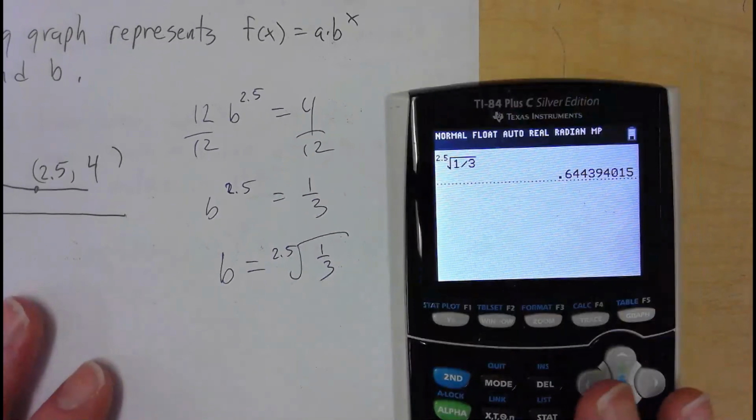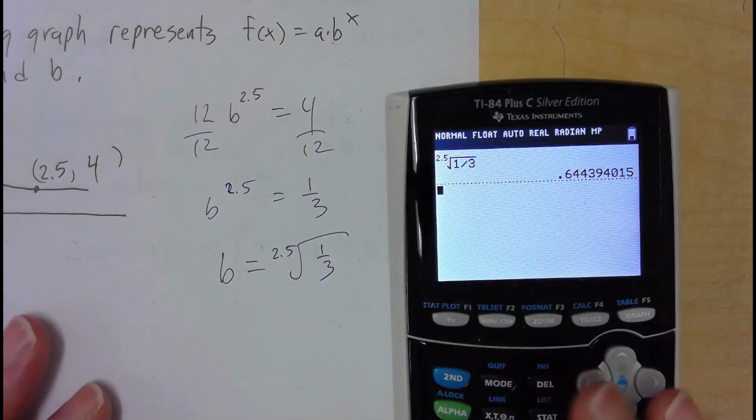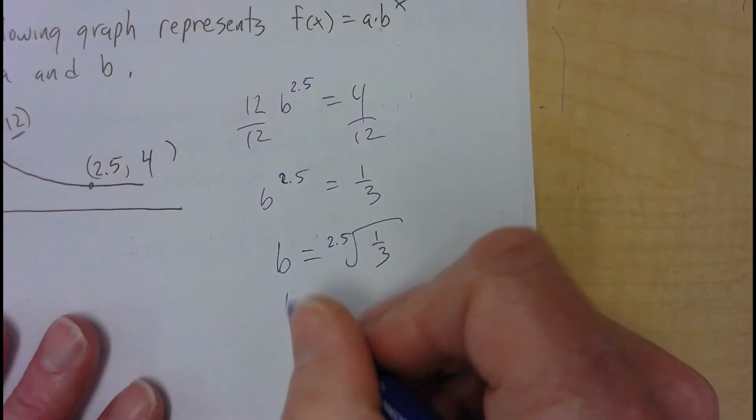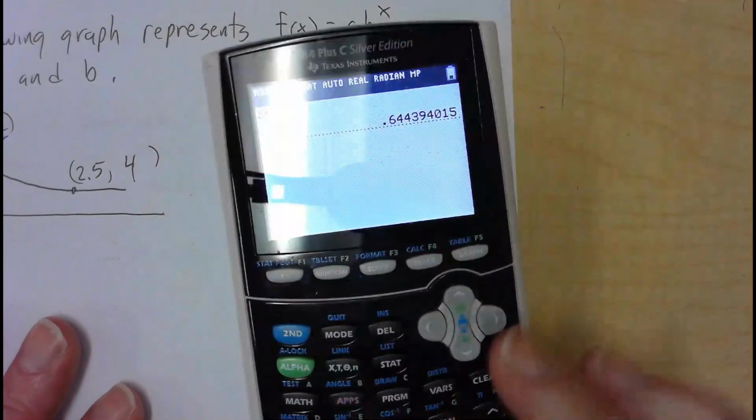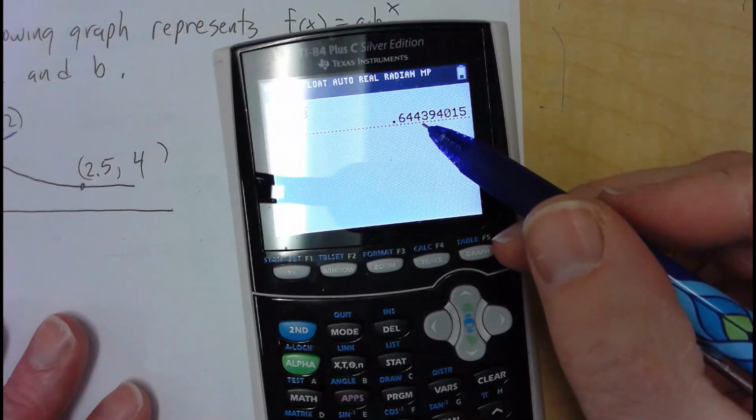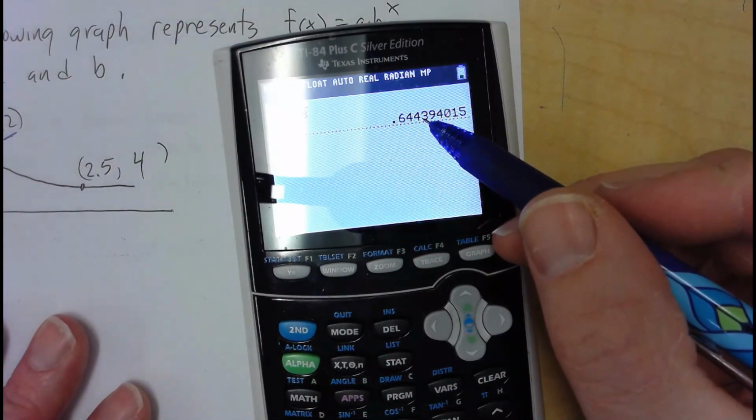B is 0.6444, and I put 3 4s. So B is equal to 0.6444.